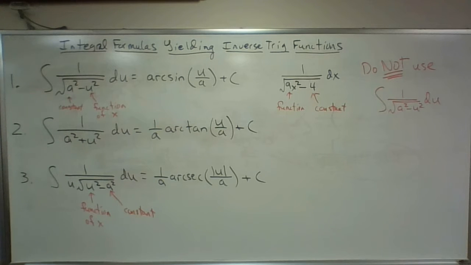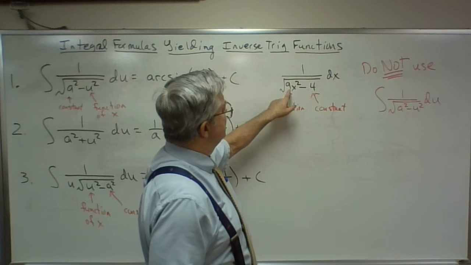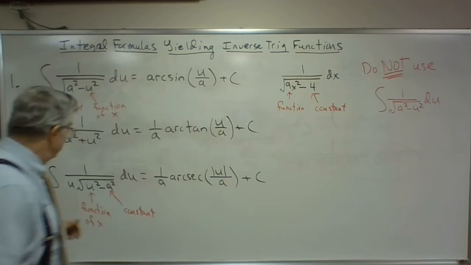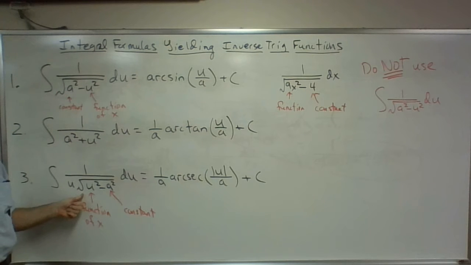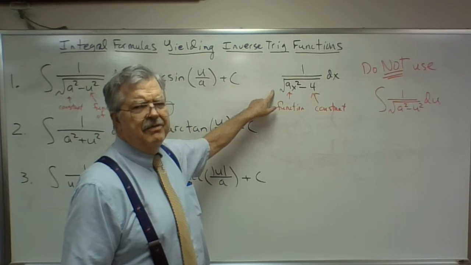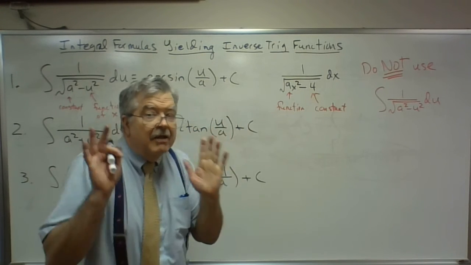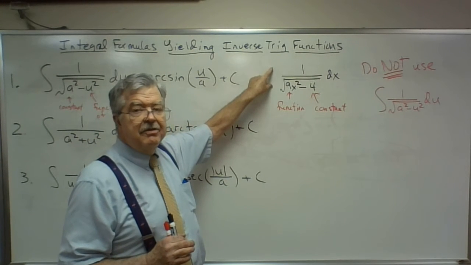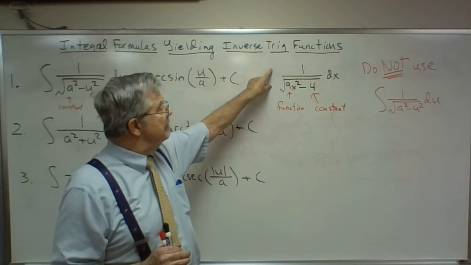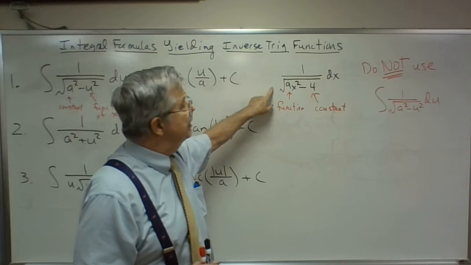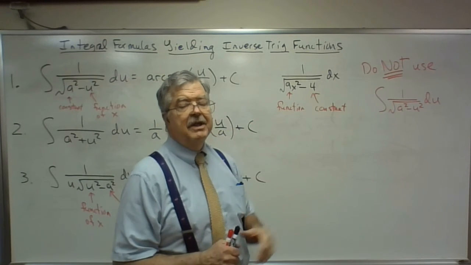So if we have in the denominator function minus constant, we might try to use this formula. The only thing that's bothering us here is that we don't have u out front, do we? Now, algebraically, we might be able to alter this expression so that we can get u out front here and so that we can get du here.